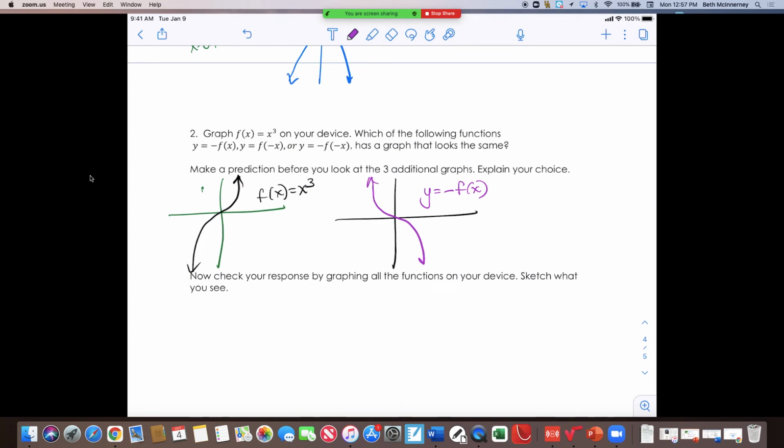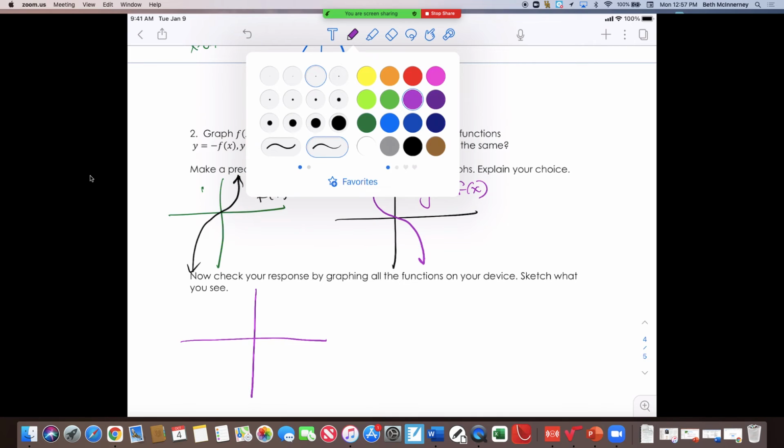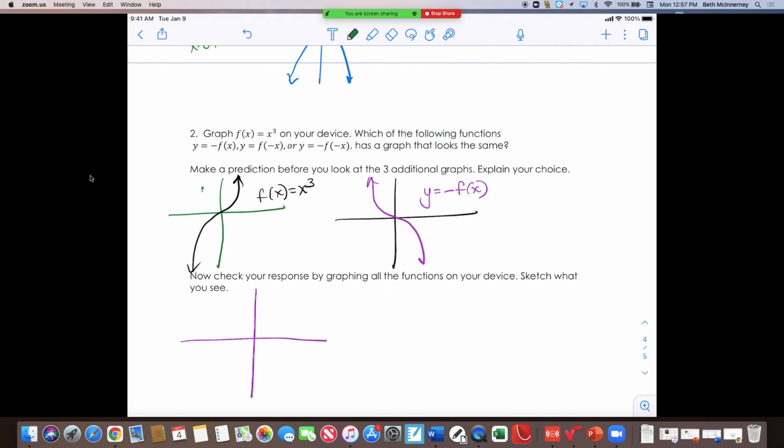So now, let's draw this picture. So this is y equals f of negative x, and maybe I need to go back. This is a reflection over the y-axis. This one is a reflection over the x-axis.